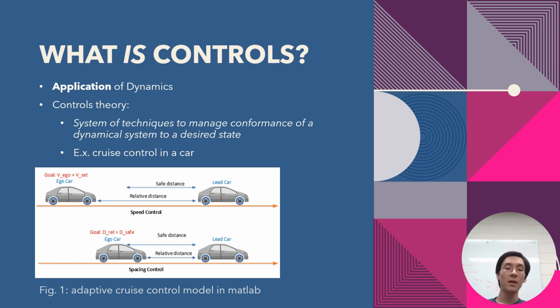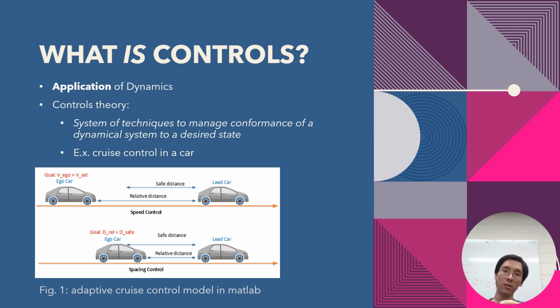What does it mean? First, I think a good way to start is to give an example. I'm sure everyone who's watching this lecture has probably been in an automobile before, so you might know what cruise control is. Cruise control is a system where your vehicle's rolling along the road. Whenever it gets a bit too fast, the engine slows down, which brings the vehicle back in speed.